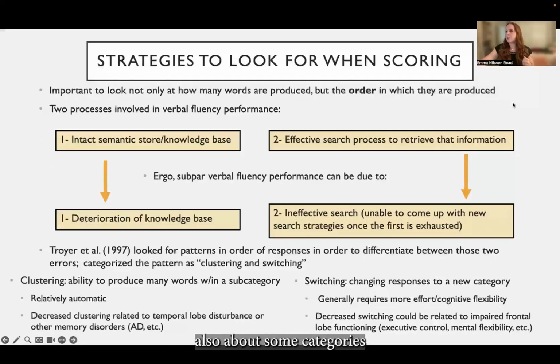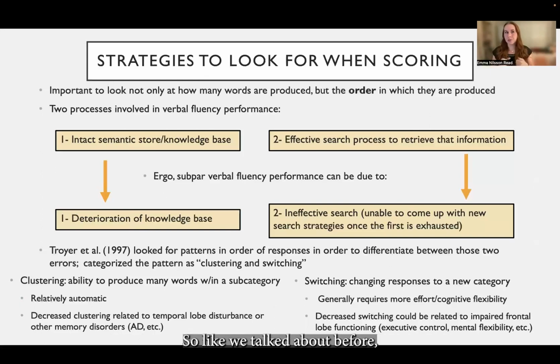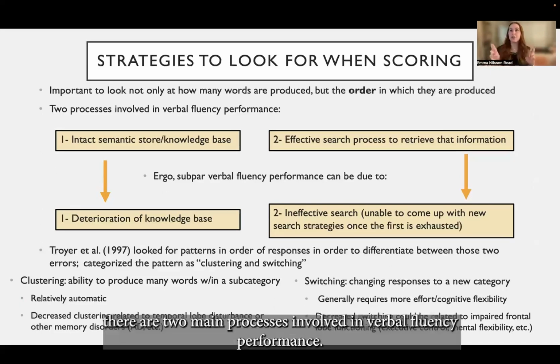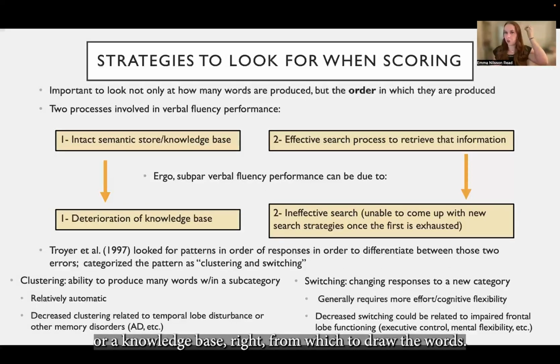So let's talk also about some categories or strategies to look at when you're scoring. When you're scoring, it's important to look not only at how many words someone produces, but also the order in which those words are produced. Like we talked about before, there are two main processes involved in verbal fluency performance. One, you need an intact semantic store, or a knowledge base, right, from which to draw the words.